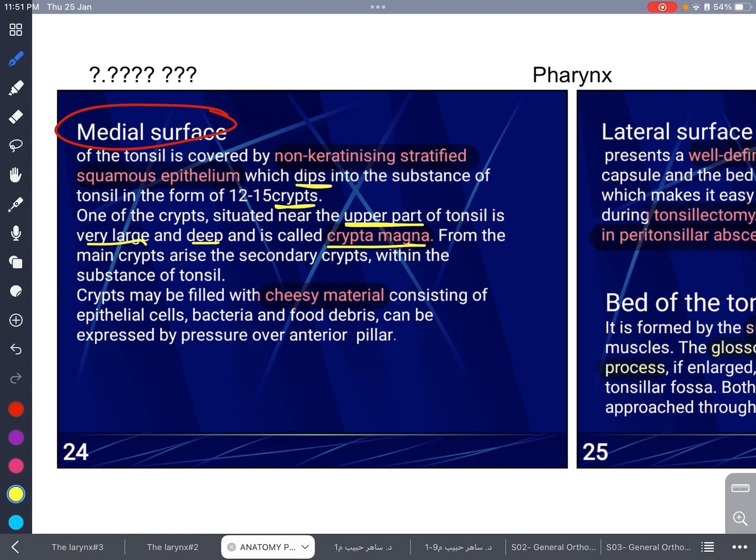It is the main crypt from which secondary crypts form. The contents of the crypts are cheesy material, consisting of food debris, bacteria and epithelial cells. These can be expressed simply by pressing on the anterior pillar. This is all that relates to the medial surface of the tonsil.